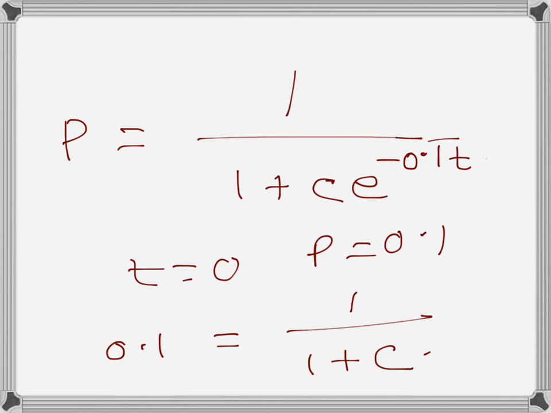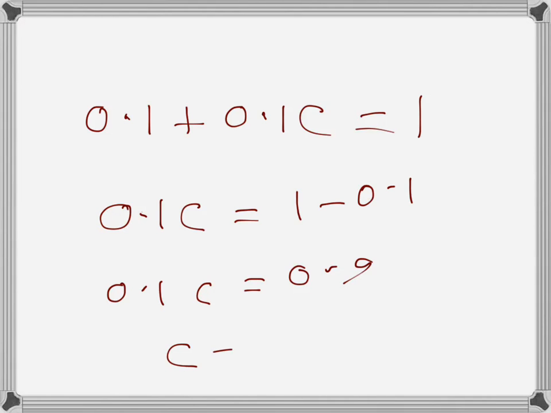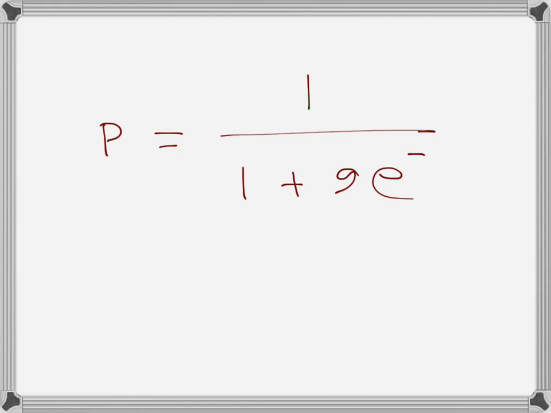So 0.1 plus 0.1 c is equal to 1, or 0.1 c is equal to 1 minus 0.1. So 0.1 c is equal to 0.9, so c becomes just 9. So our expression is P equals 1 over 1 plus 9 e to the power minus t over 10, or 0.1 t. 0.1 is 1 over 10, I have written it without the decimal.